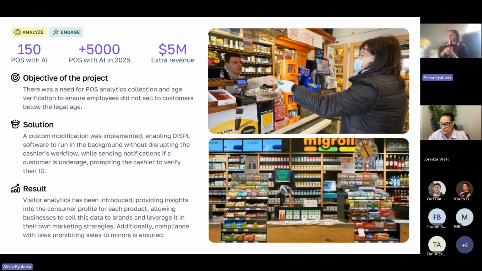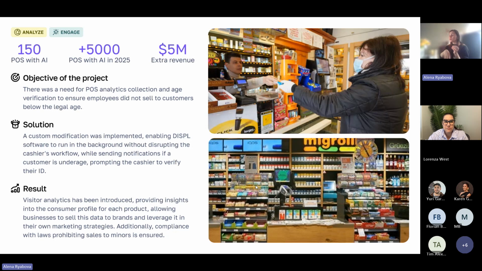People come to buy cigarettes and they just collect data about who it was. Then they automatically merge this data with their POS system with the checks, and then they just sell this data to brands. They make this analytics a source of additional revenue.